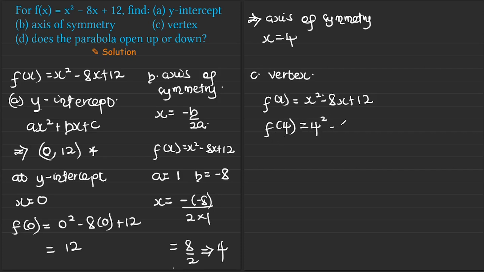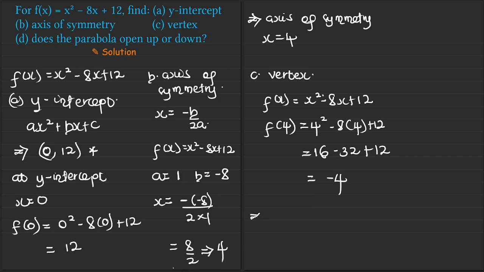That is, anywhere we see x, let's put 4 over there. So we have 4 squared minus 8 times 4 plus 12. Evaluating, we have 4 squared, that gives us 16. Then negative 8 times 4, we have a negative 32, and then plus 12. Simplifying further, all of this gives us negative 4.